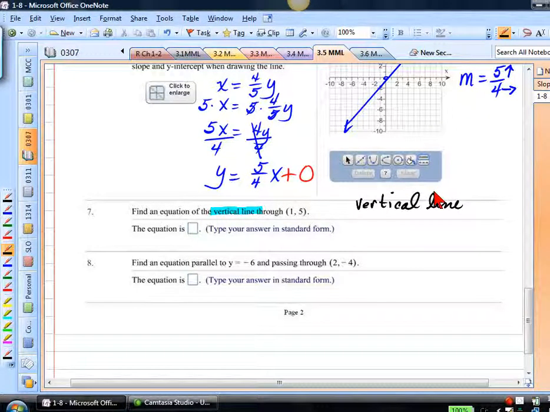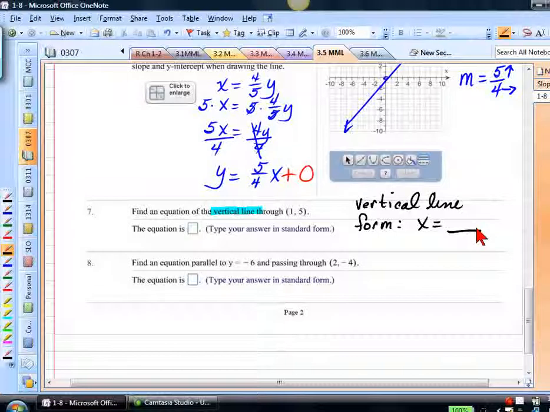Pardon? It's up and down. Okay, so we've got a vertical line. It is of the form, and this is what I need, x equals. And that actually, I believe, is on your blue sheet. It doesn't say it exactly like that, but it does say vertical line x equals a number.